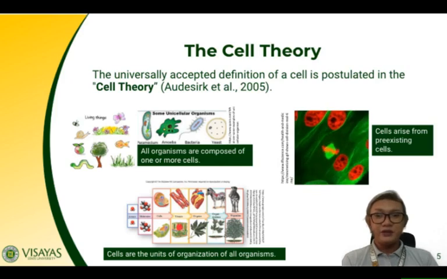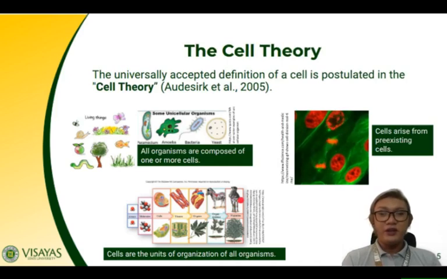Different types of tissues will form an organ with a specific function. And different organs form different organ systems, and different organ systems will form an organism. Okay, so cells are the units of organization of all organisms.